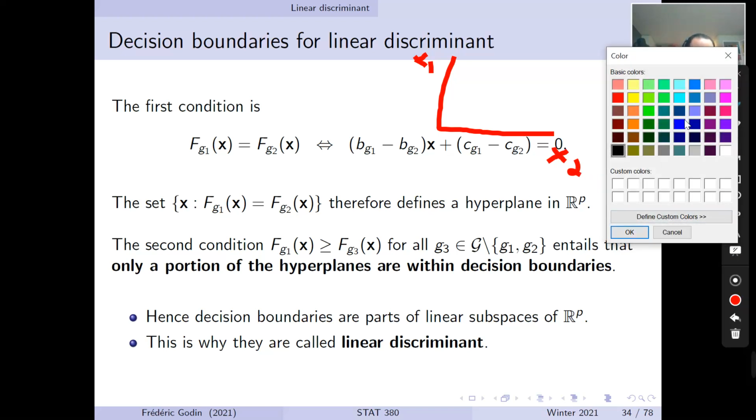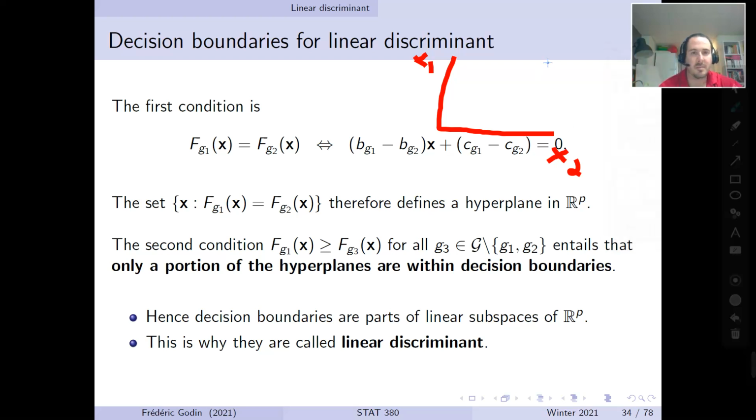I'll take another color, maybe gray. So maybe this plane represents indifference between red and yellow. Maybe this plane represents indifference between red and blue. And maybe this plane represents indifference between yellow and blue. Here, all these three hyperplanes would be the ones which satisfy these conditions for the various possible values of G.